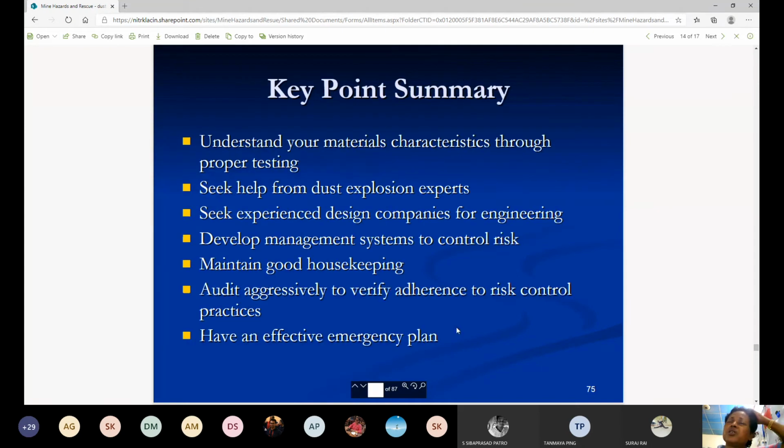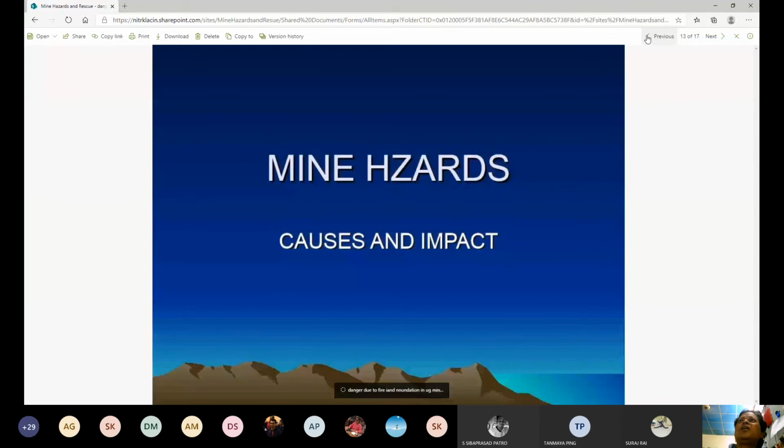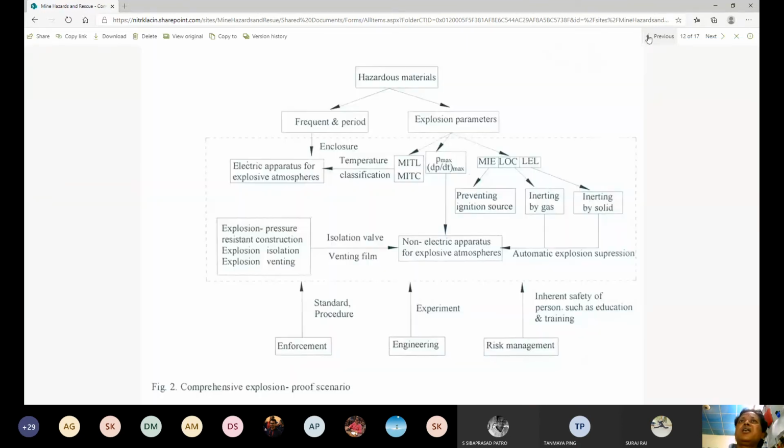So this coal dust explosion in the coal mines is a very dangerous situation, hazard. So that is why we have discussed about the mine hazards. So this is the hazard material, coal dust.